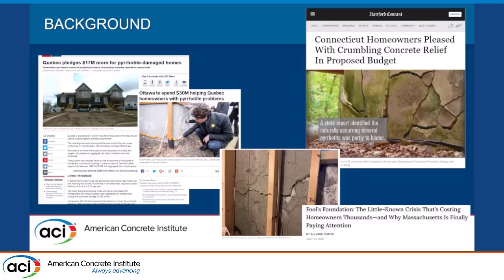The issue is that the sulfur content in some of these homes that exhibited damage was less than 1%, and reported and visual damage was identified in concentrations of like 0.2%. So you see that it can cause damage at very low concentrations.